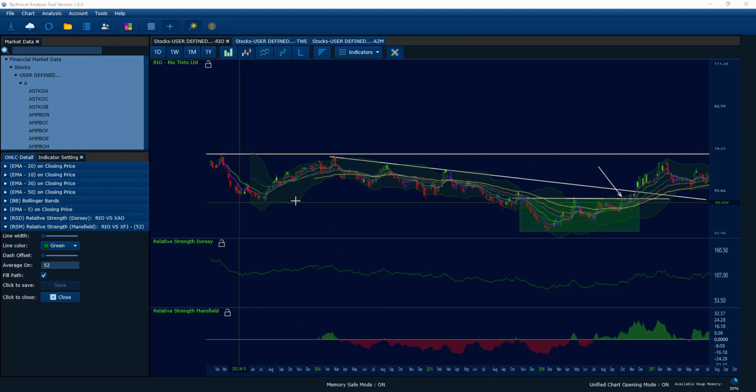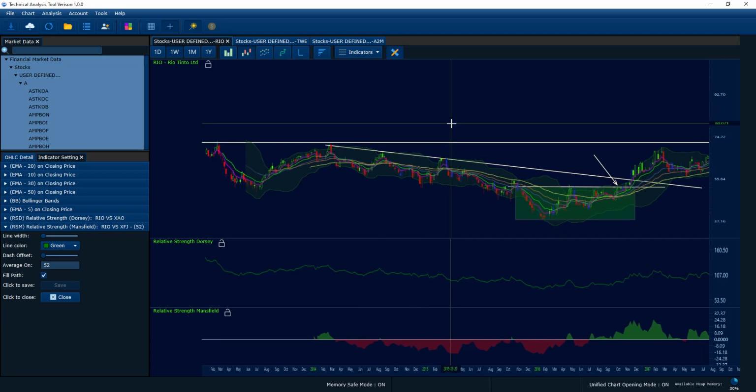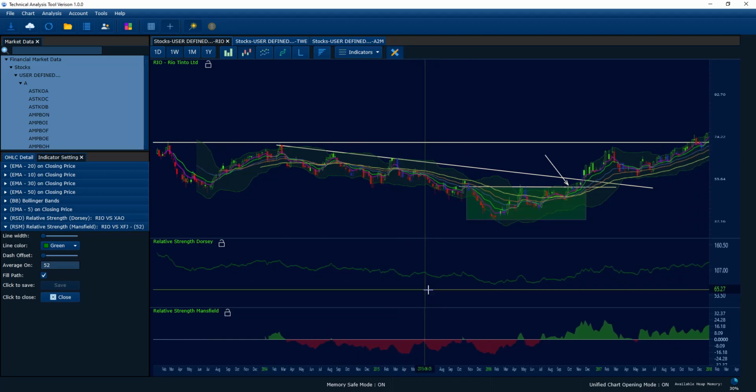Okay, let's move into the second part of this tutorial. In the first part, we gave you the basic introduction on how to read the information from these two indicators, and how to use them to get information on relative strength.